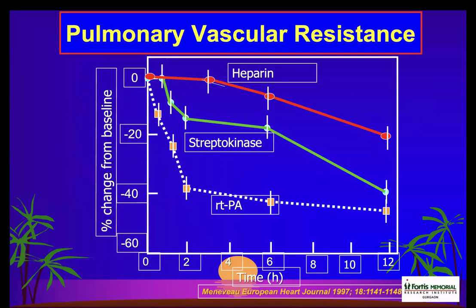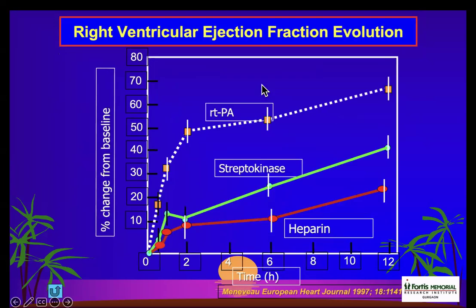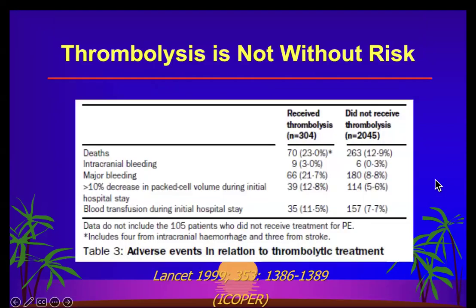Because rtPA causes significant improvement in the pulmonary vascular resistance rapidly, and more sustained as compared to streptokinase and heparin. Similarly, the RV ejection fraction improves significantly and faster with rtPA as compared to streptokinase and heparin. Therefore, rtPA remains the choice for thrombolysis over streptokinase in the current era.